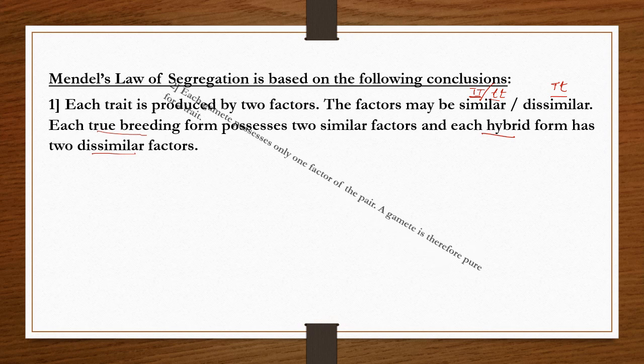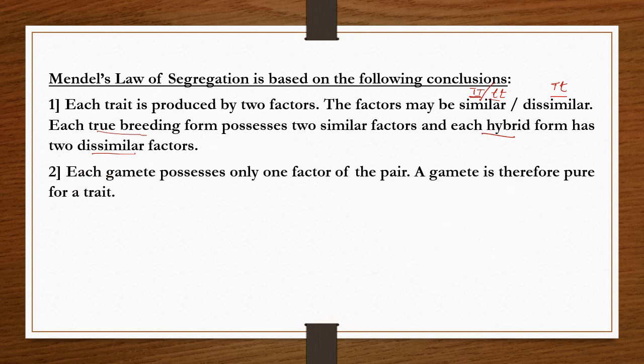And the second conclusion: each gamete possesses only one factor of the pair. A gamete is therefore pure for a trait. Already we mentioned, suppose you take that hybrid F1, that means dissimilar factors, capital T and small t.